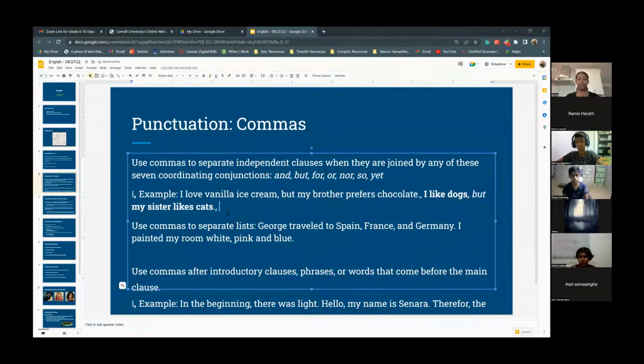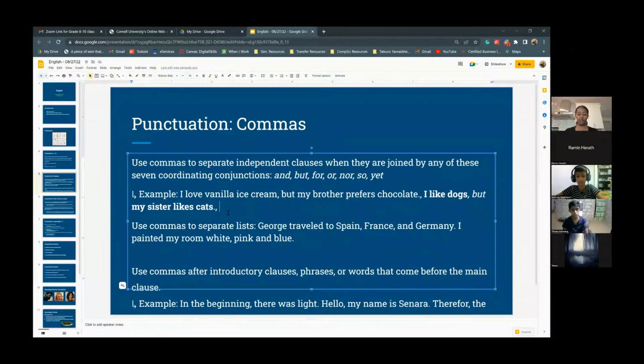All right, so can someone give me an example of combining two independent clauses, using a comma and a conjunction to combine them, please? I think dogs are brave, but they are not brave. Yeah, that would be an example.